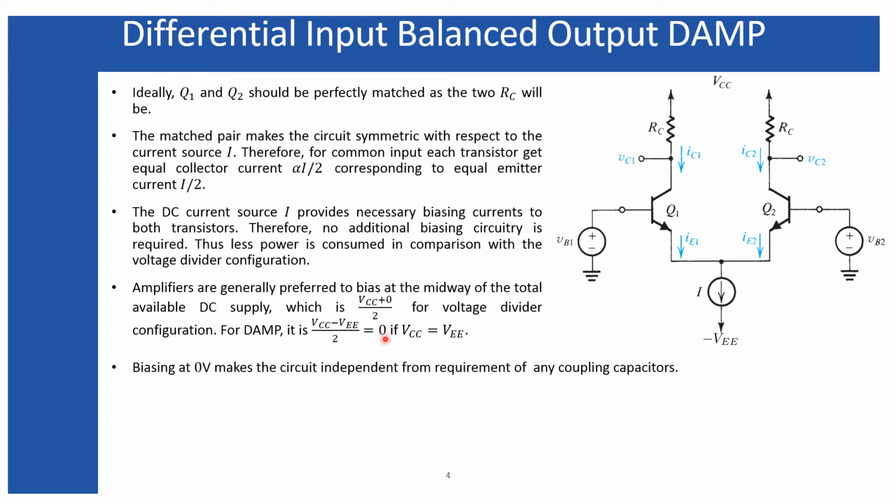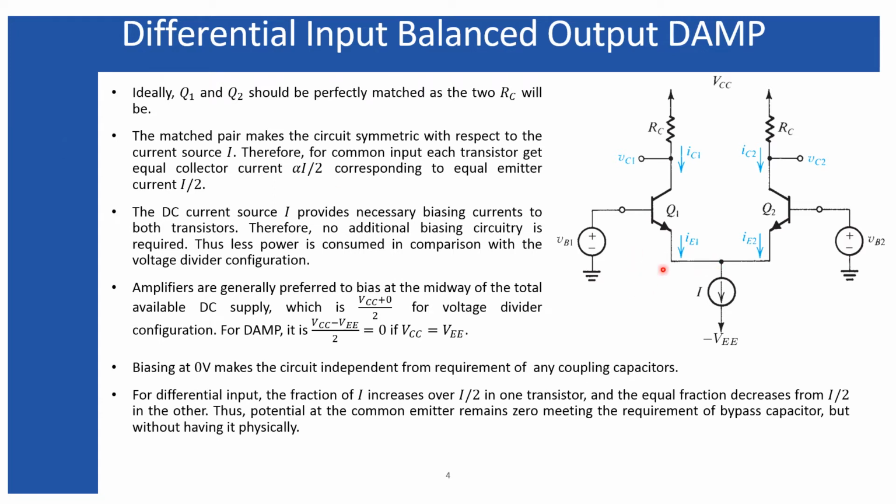And the advantage of the biasing voltage at 0 voltage is that you do not need any coupling capacitor, because in case of voltage divider bias, we require a coupling capacitor in order to prevent any kind of DC current either from the previous circuit, or from the next circuit to interfere. But since the biasing voltage is itself 0 volt, there is no question of the coupling capacitor that is required to prevent such kind of interference.